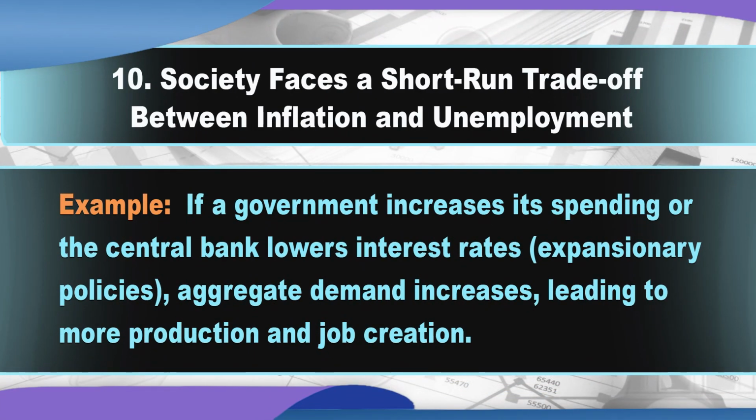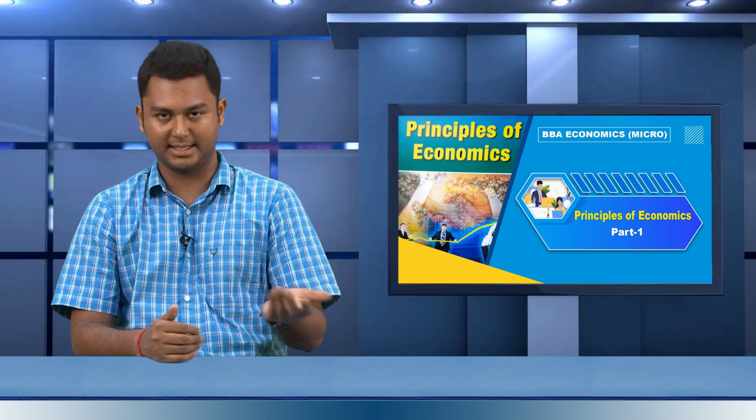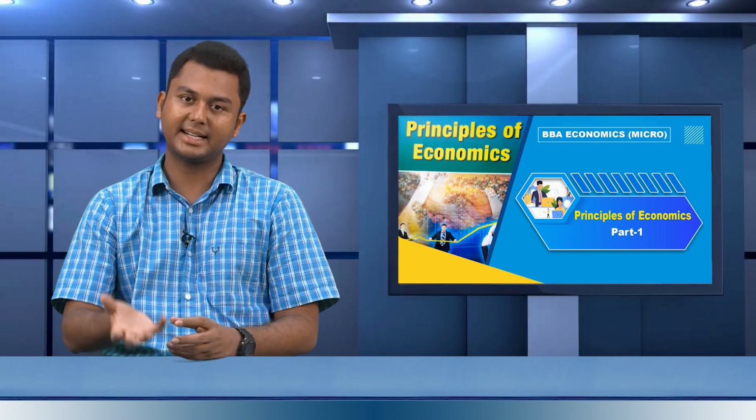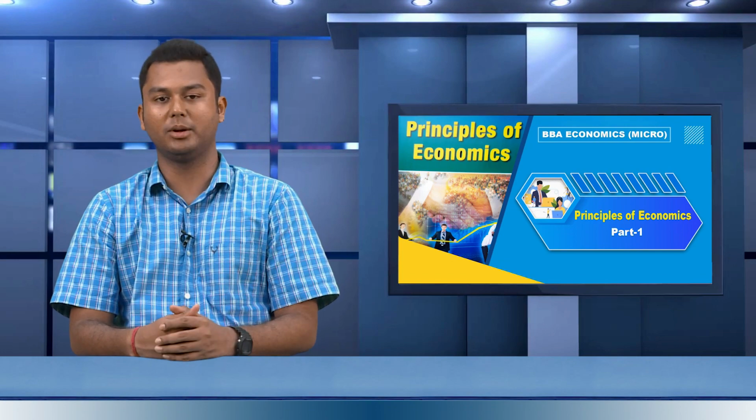For example, if the government increases spending or the central bank lowers interest rates, which are called expansionary policies, aggregate demand increases, leading to more production and job creation. However, this may also lead to higher prices, that is, inflation.